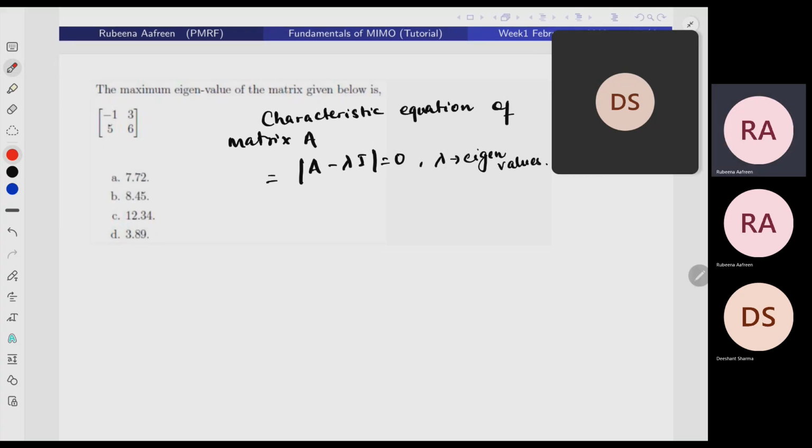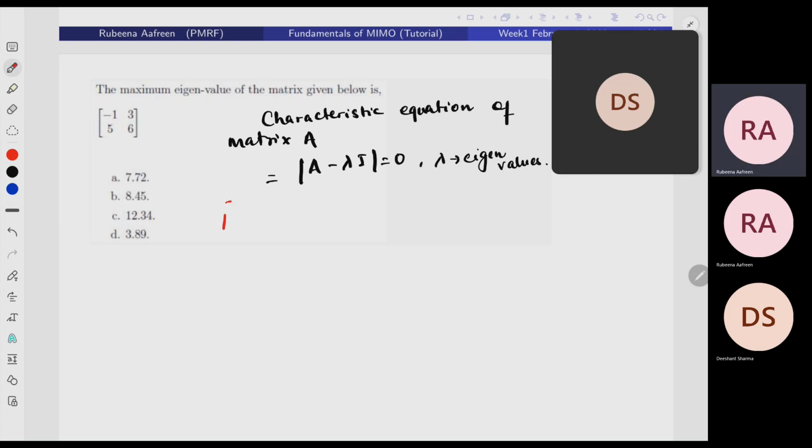One of the many mistakes that people will make is that they will think that the sum of eigenvalues is the trace, and the trace is 5, so any value less than 5 would be the eigenvalue. No, this is not correct, because eigenvalues can be negative also. So please keep that in mind.